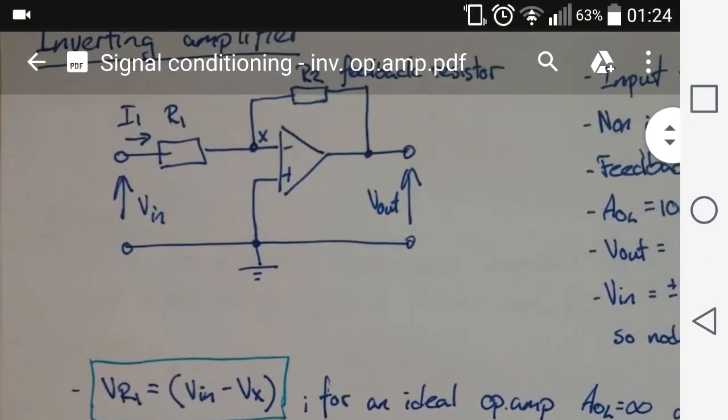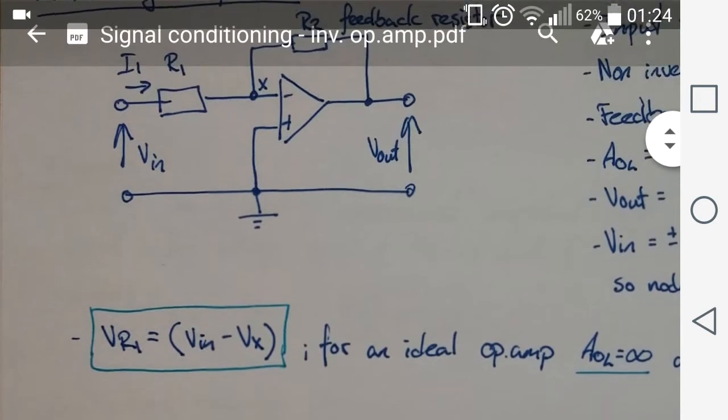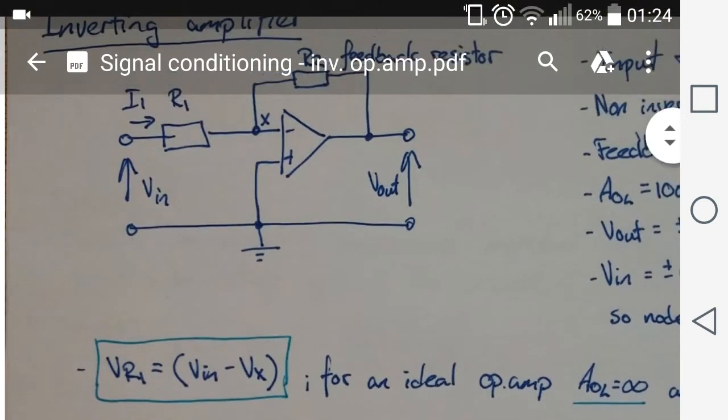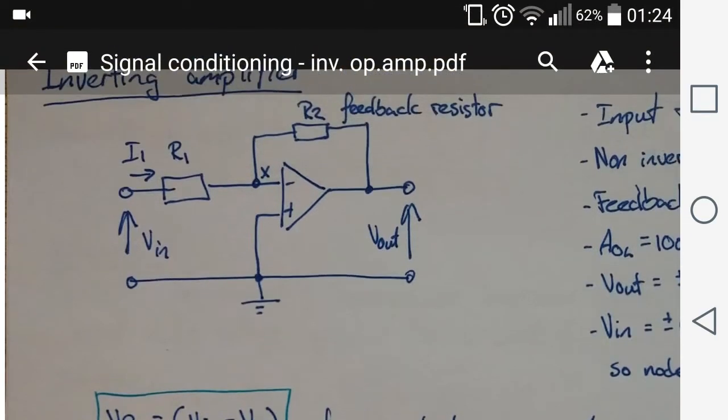Now, if we look closely at this, we can assume that we have a voltage drop over resistor R1, and we also have a voltage drop over resistor R2.